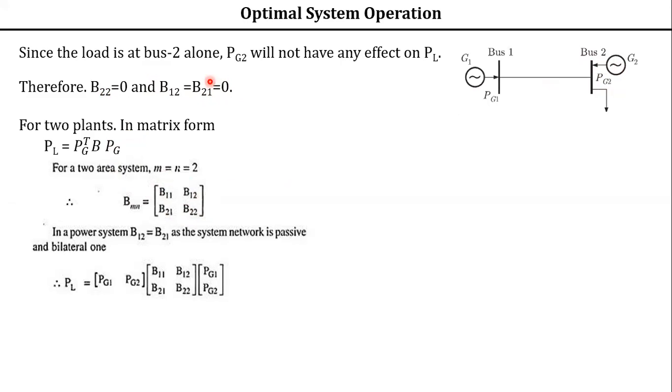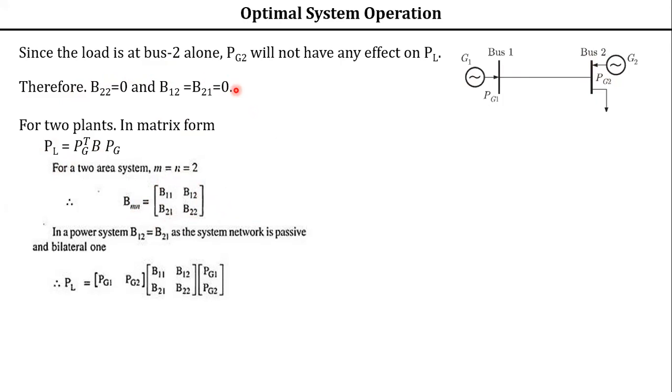It is not transmitting power over a transmission line, so it will not have any effect on PL. Whatever coefficients are associated with bus 2, that is B12, B21 and B22, are all 0. Hope you got my point here.